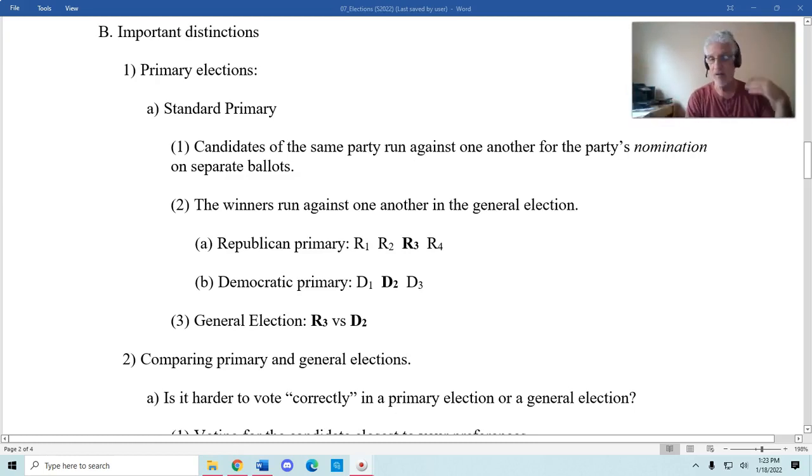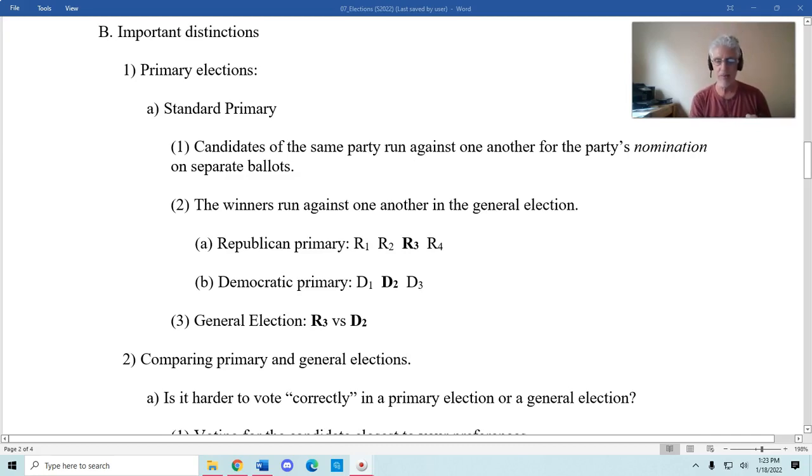And likewise, if you're a Democrat, I should clarify that we're talking about closed primaries here. If your state has a closed primary, and I'll explain that in a second, there'll only be Democrats on the ballot.